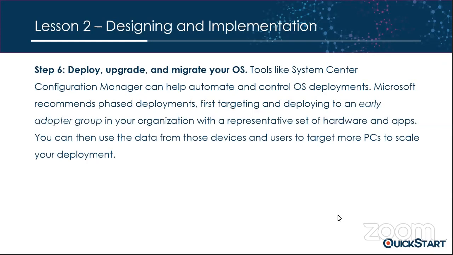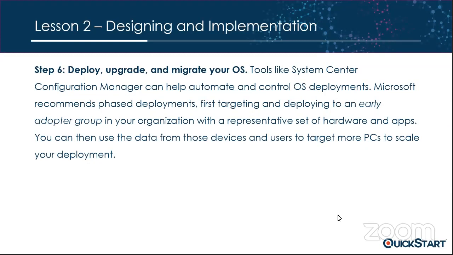So that could be your expertise, that could be the boss's involvement, which needs to go first. And you can then use the data from those devices and users to target more PCs and scale your deployment.